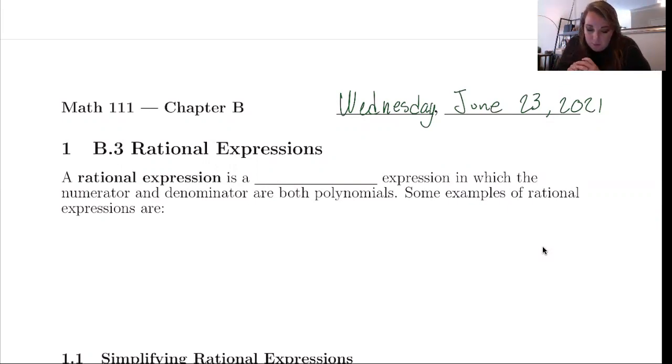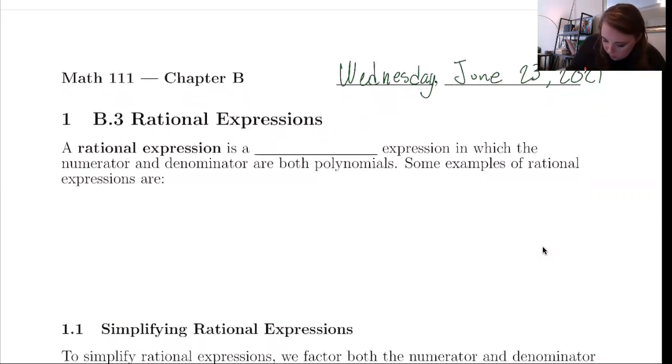All right, so chapter B, we have B.3, and this is on rational expressions. So what is a rational expression? We can see this kind of like when we talk about linear, that has the word line in it. This has the word ratio. A ratio is a fraction, right? So a rational expression is a fractional expression.